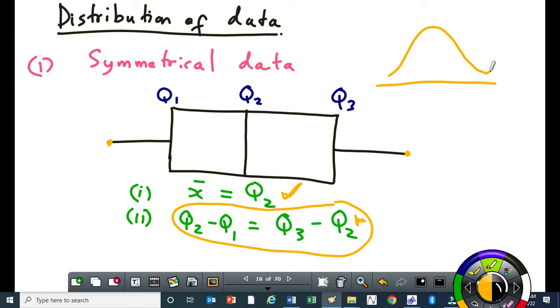Unfortunately, in your curriculum you don't do distributions in more detail. It's a branch of statistics which is a little bit more advanced. But that's a normal distribution, which is very rare in real life.